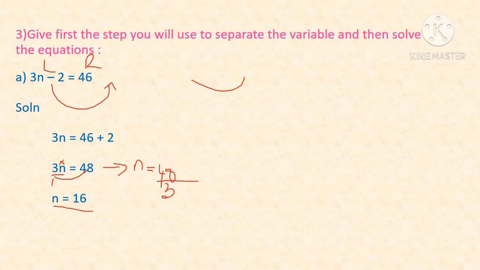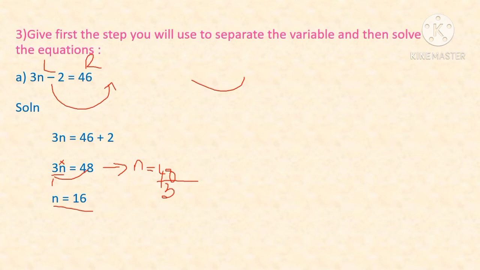So we write it in the reciprocal form: 48 into 1 by 3. Now 48 divided by 3, cancel it, and you get the answer n equal to 16.